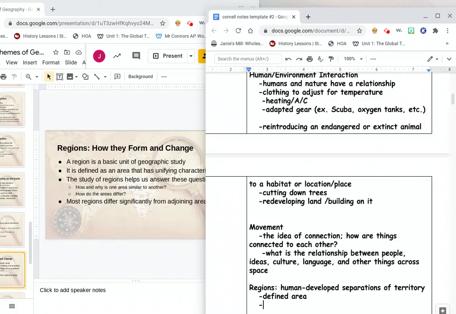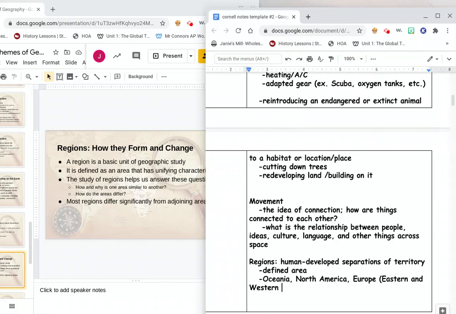We have continents and countries, but generally historians and geographers really agree on at least 6 different regions. Those can be Oceania, North America, Europe, or they can even separate that into Eastern and Western Europe, Africa, and Asia.